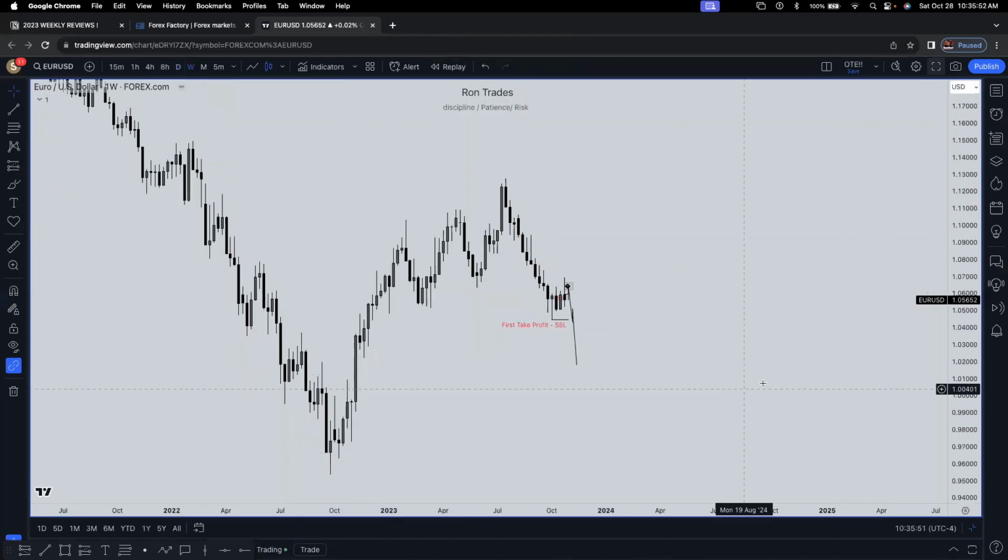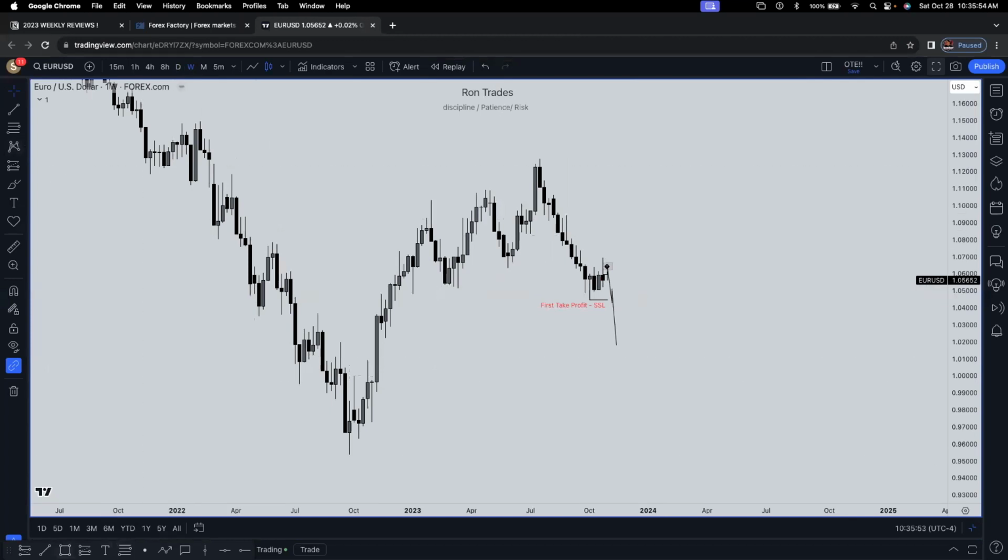So obviously for the weekly time frame, I'm looking to see price draw down inside of this fair value gap. I want to see price draw down here, so it's going to be my draw on liquidity here. So I want to see if price wants to continue to keep reaching down for this fair value gap.